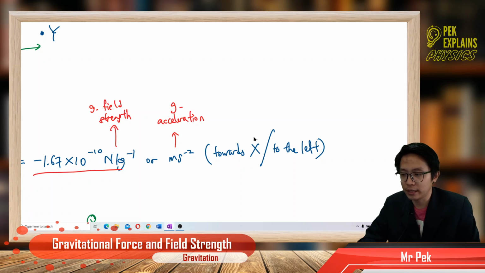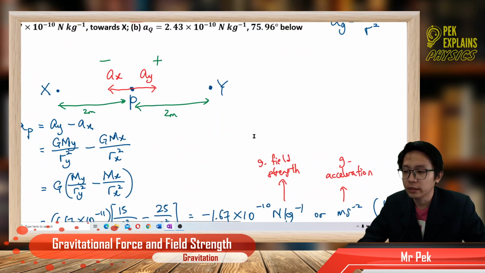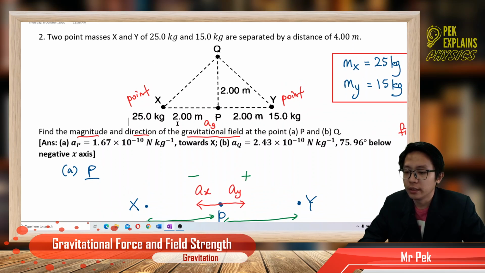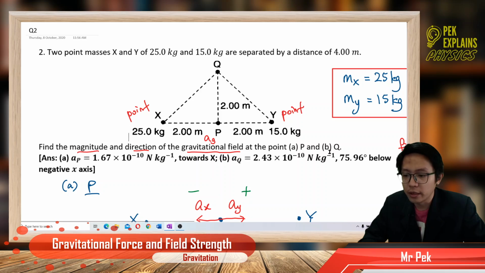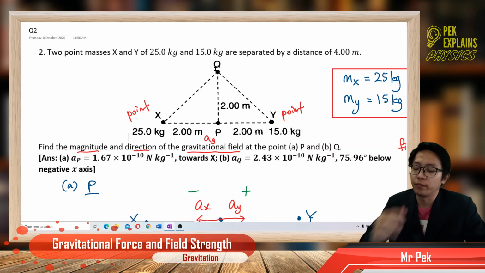That's the answer for direction. Now let us do part B, which is the gravitational field at point Q.